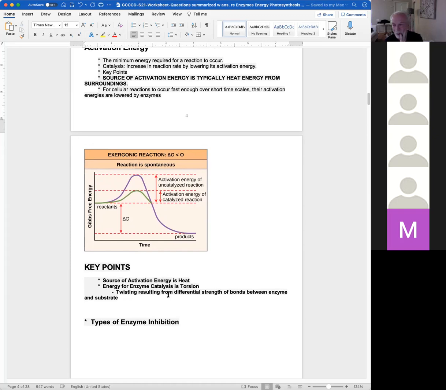Could you say that the energy, not loss, but the decrease in activation energy from normal to catalyzed is taken up by the torsion from the enzyme? That probably doesn't make a lot of sense. Sorry.